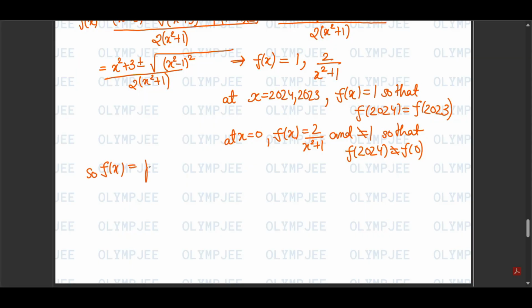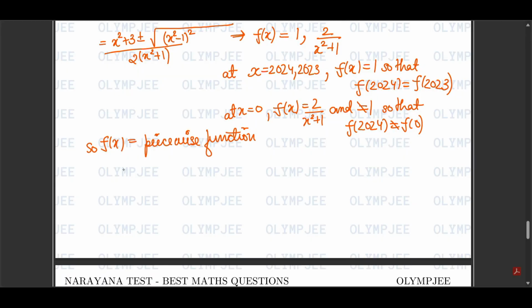So f(x) is a piecewise function, and we are also given that f(x) is continuous. So where the function is changing, there the function should be continuous. So we can see that if we solve this, then we will get that x² is equal to 1. So this will give us x is equal to plus minus 1.